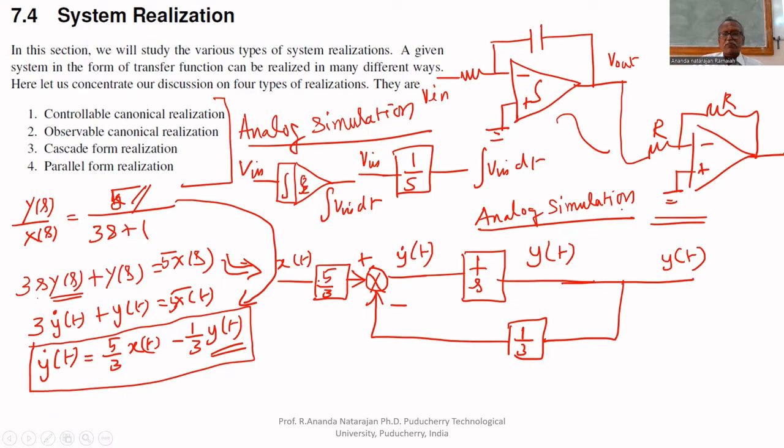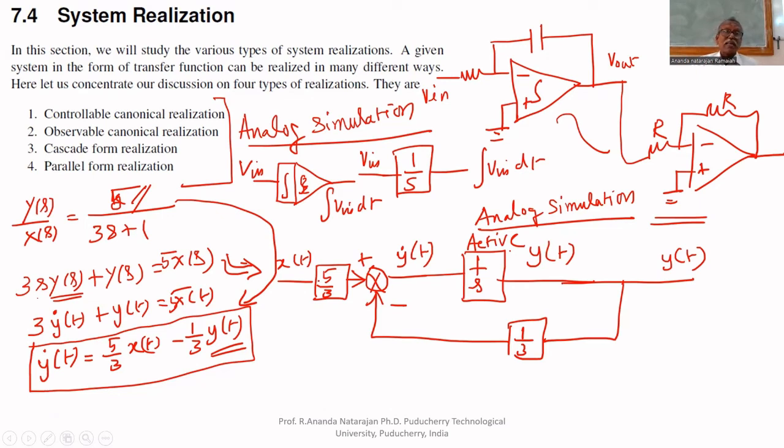What is the difference between the two? There, only passive elements were used. Here, an active element is there. The integrator is an active element. So here we are converting using an active element. So any transfer function can be simulated the analog way. That is very much possible.